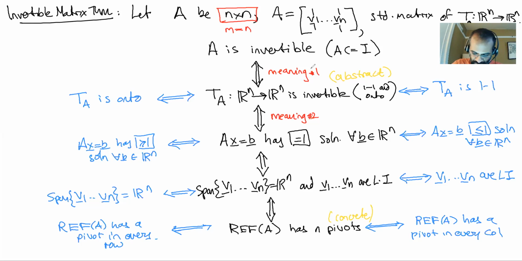This is what's called the invertible matrix theorem. The point is that the statement of invertibility can be interpreted in many different contexts. This is the context of linear transformations. This is the context of linear systems. This is the context of sets of vectors. And this is the context of looking at pivots.